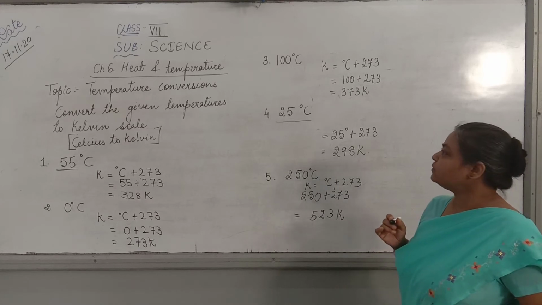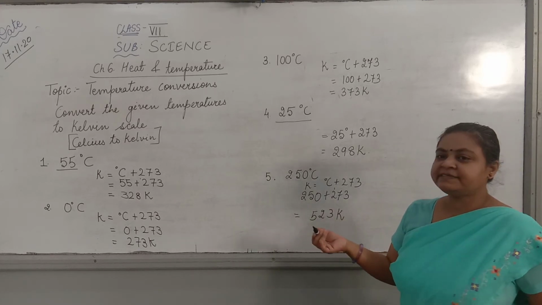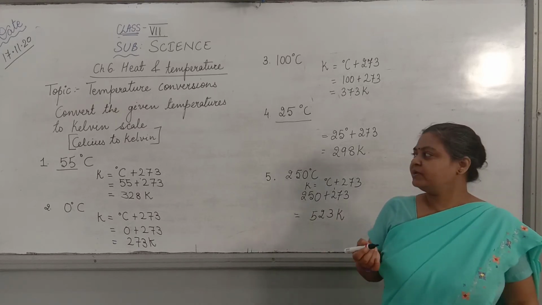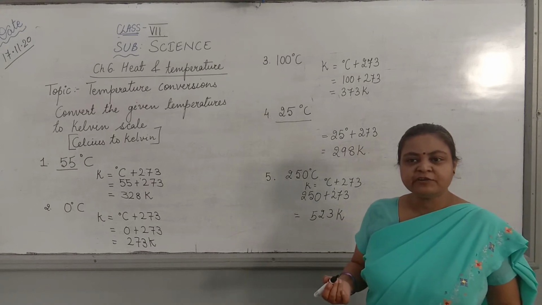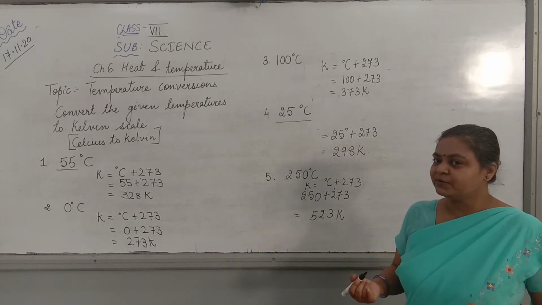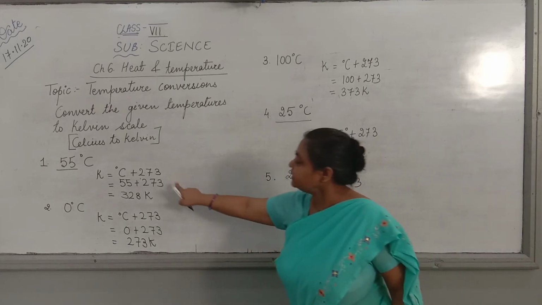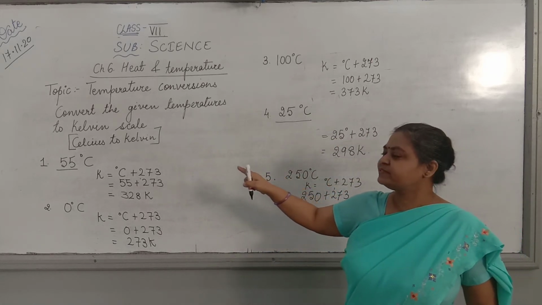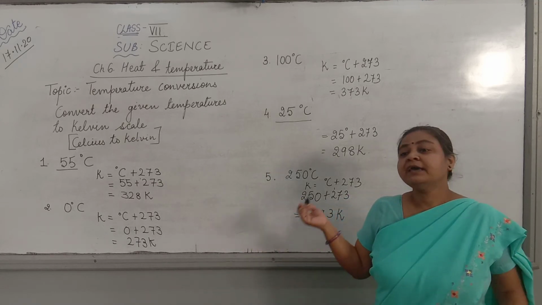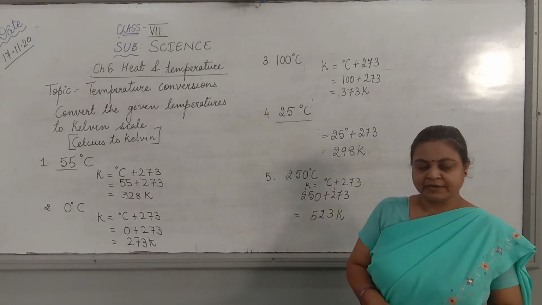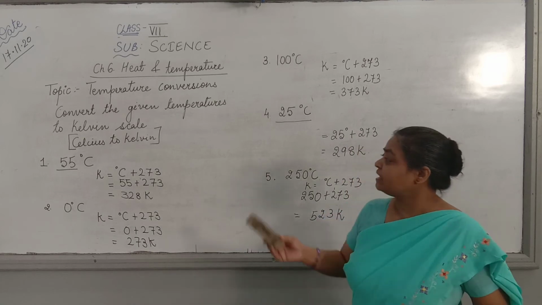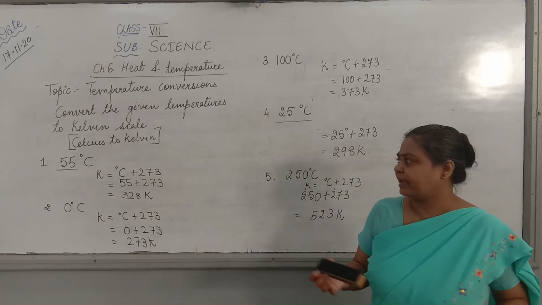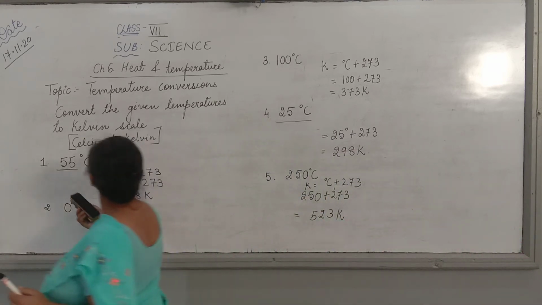Now, if we want to do the opposite, that is, if the temperature is given in Kelvin and we want to convert it into Celsius, what we will do? Here we have added 273. In that conversion from Celsius to Kelvin, we will subtract. Okay. Sorry, Kelvin to Celsius, we will subtract. So let us change the question now.